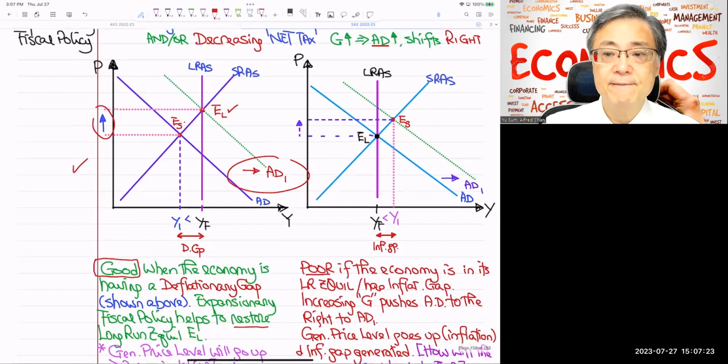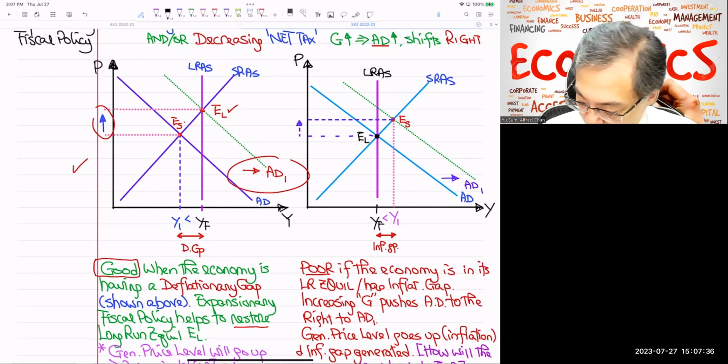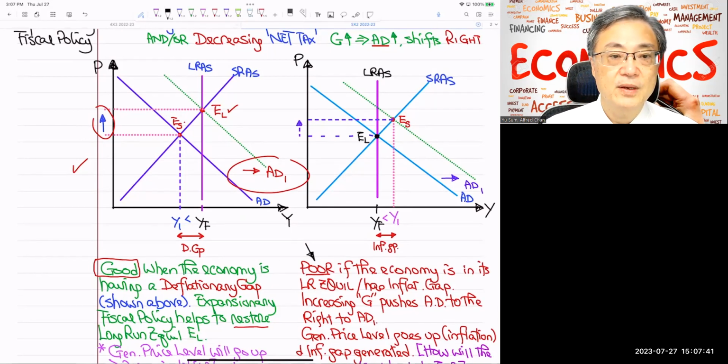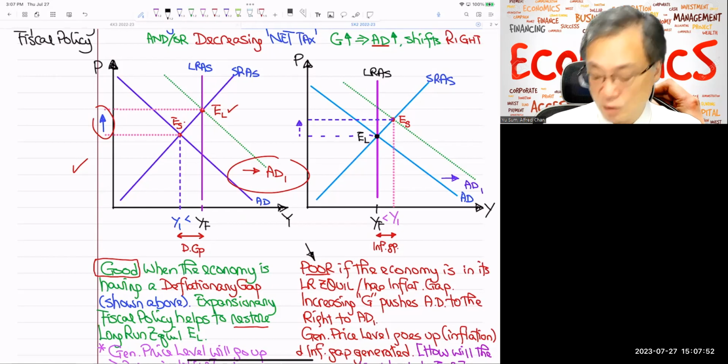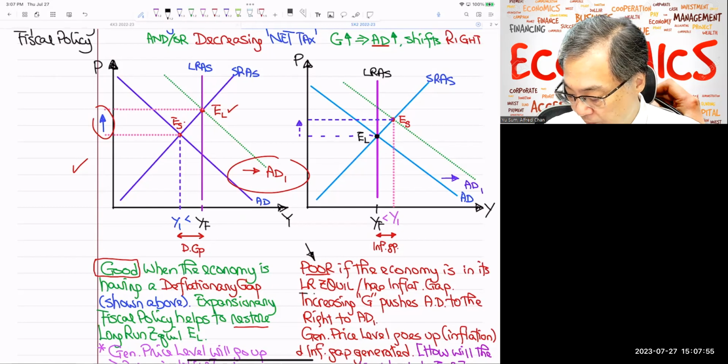Now, is it always good? Not really. Policy can always be misused. So on the second diagram, on the right, what would be the problem? It's really poor if you adopt an expansionary fiscal policy when the economy is already in its long-run equilibrium.